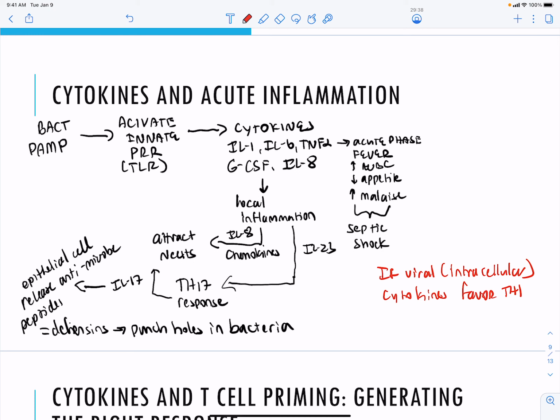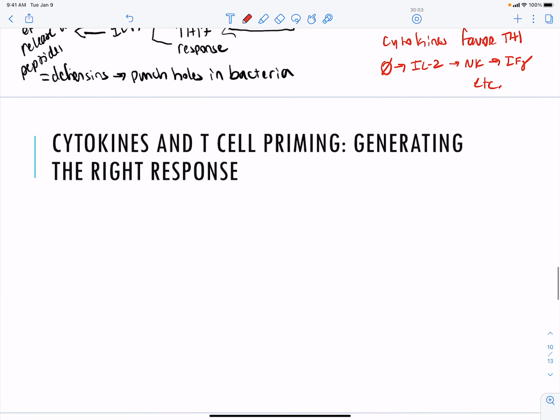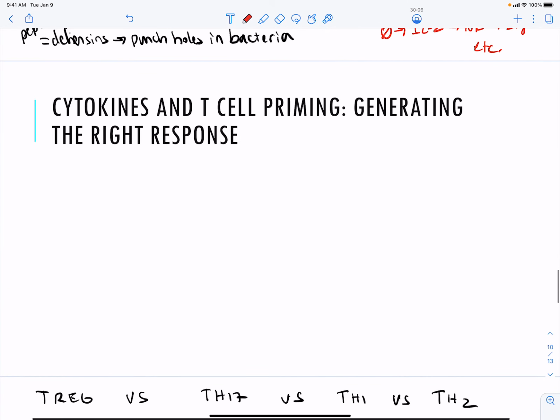And so you would get your IL-12, which will stimulate NK cells to release interferon gamma, etc. Okay? But it's the same thing. Your macrophage will get activated by those pattern recognition receptors for viruses, which will be associated with double-stranded RNA, things like that, which will lead to a Th1 response versus a Th17 response.